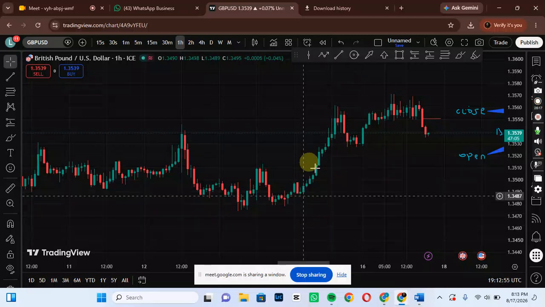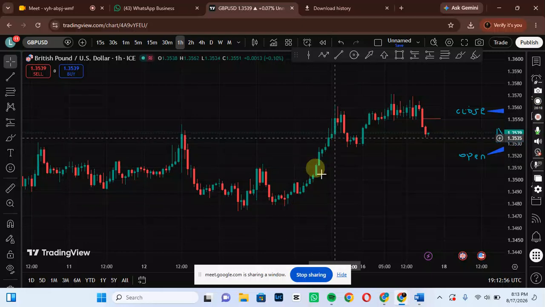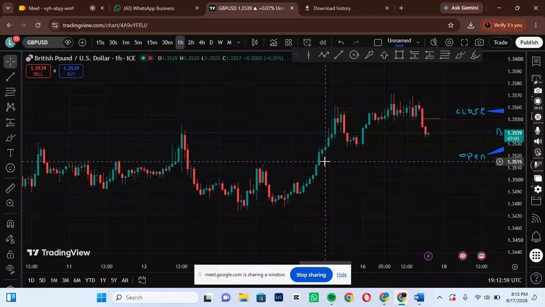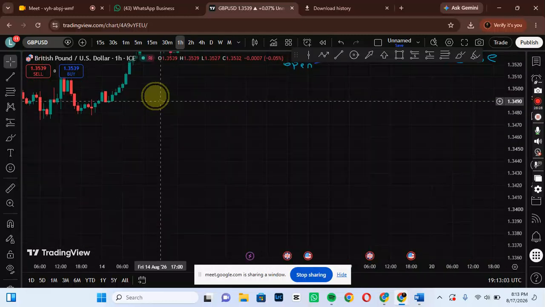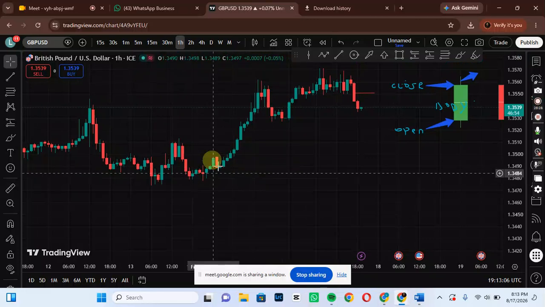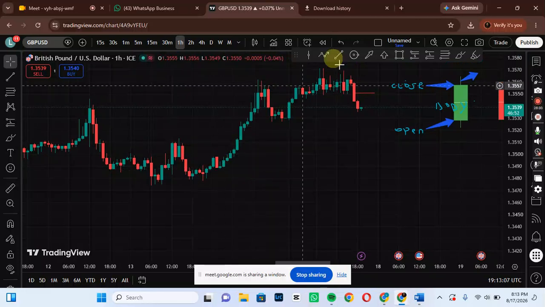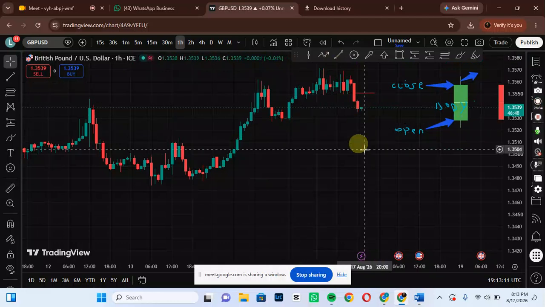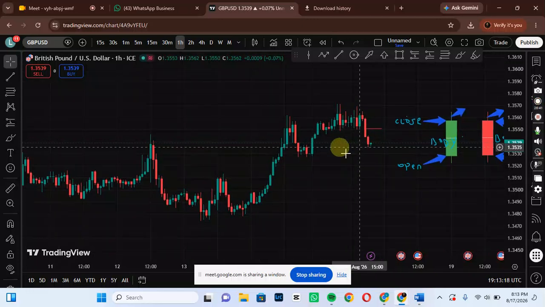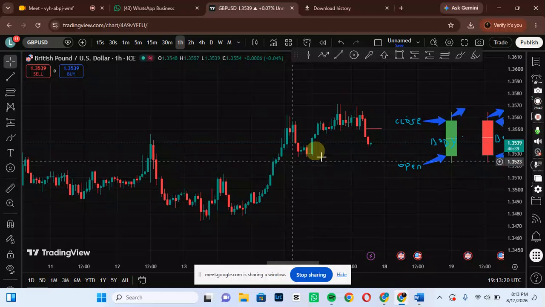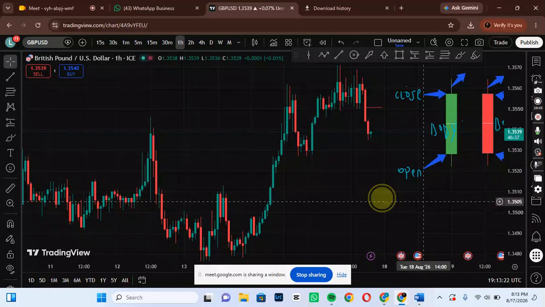We had a serious buy here, and price is trying to fall back to this zone, as you can see here.